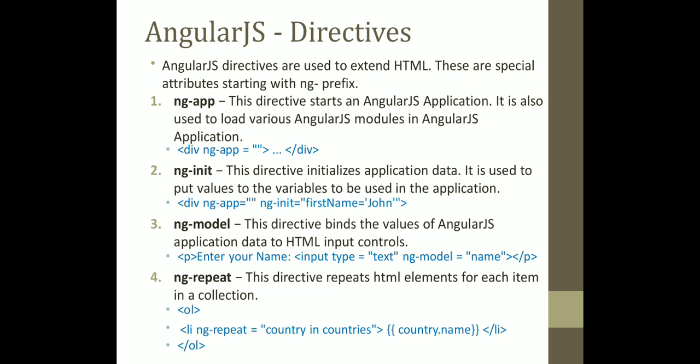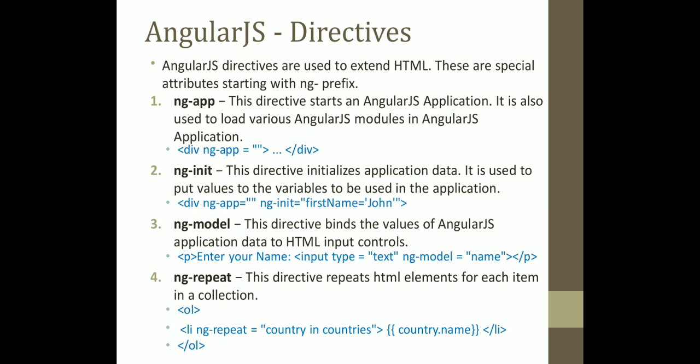You can see the div, then ng-app, it is kept blank, then ng-init equals first name, and the value is given as John. You can see how it is defined. ng-init equals, in double quotes you have provided firstName, but after firstName you haven't closed the double quotes.